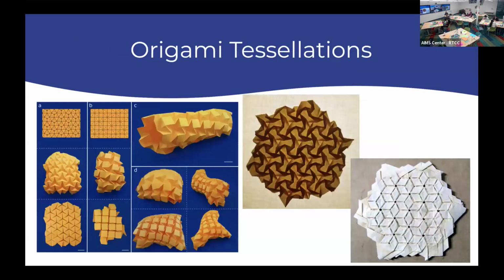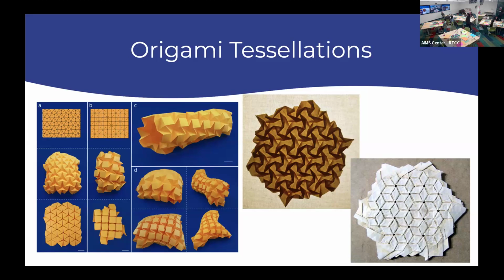Speaking of art, another place that we see tessellations and another area of interest and obsession for us at the Ames Center is origami tessellations. And we don't often think of origami and tessellations coexisting, but they indeed do.